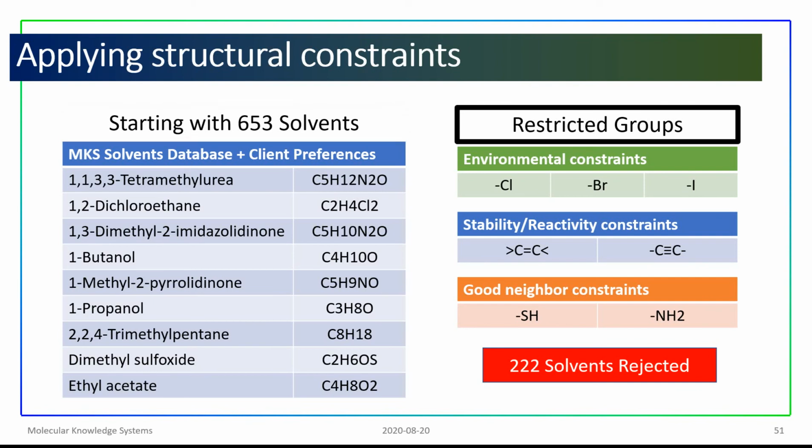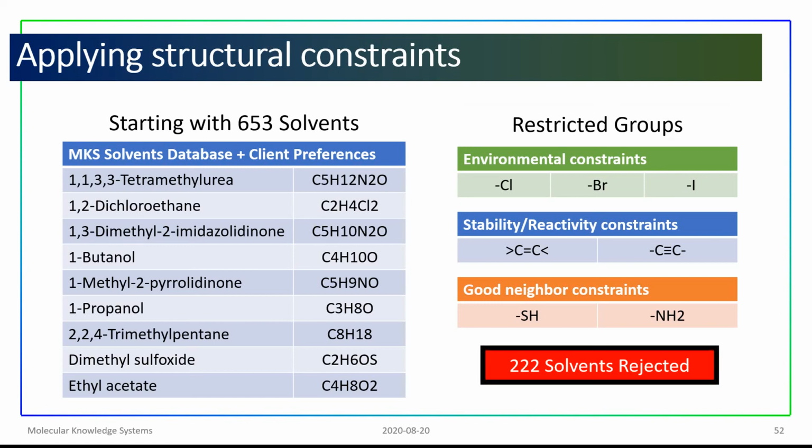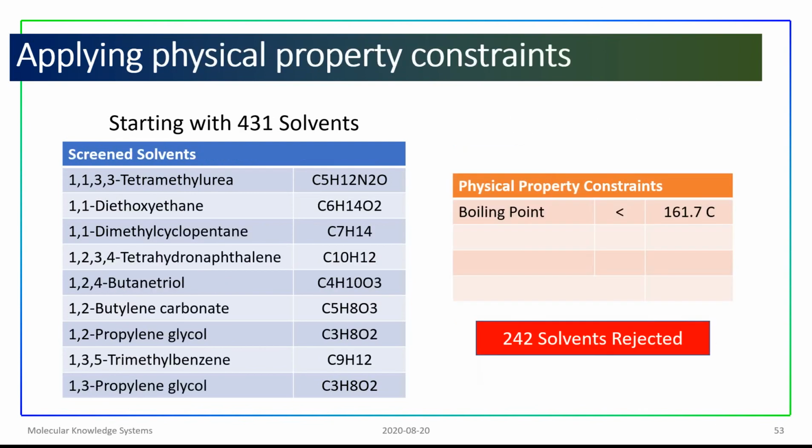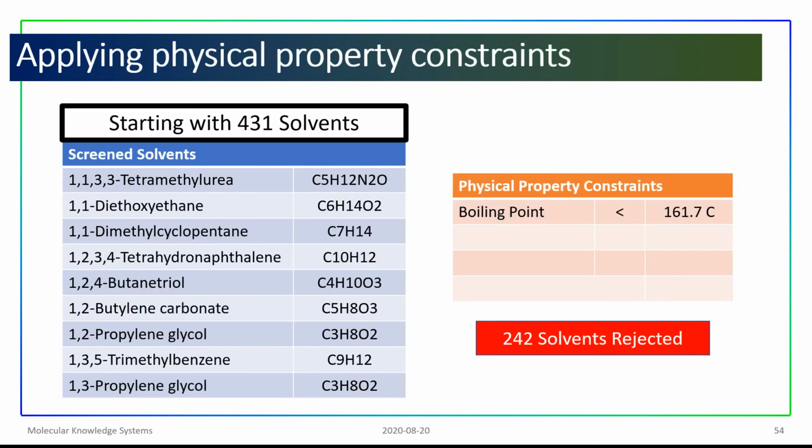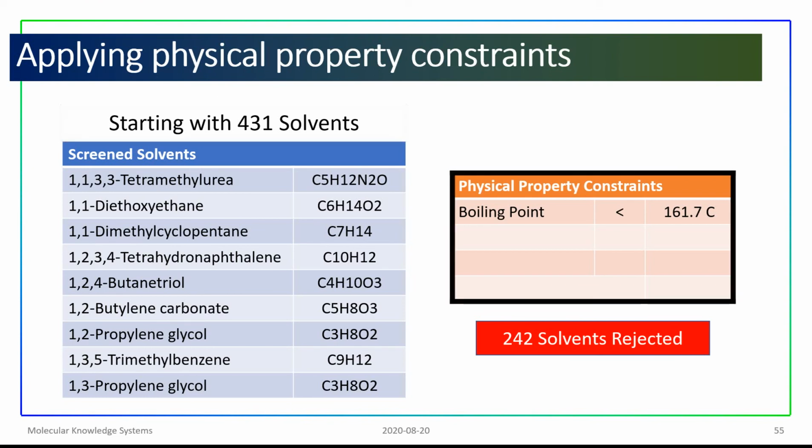Again, these are the groups we obtained from considering environmental constraints, reactivity constraints, and our good neighbor constraints. Applying these constraints removes 222 candidate solvents. So continuing our selection process, our database now contains 431 candidate solvents, and we now begin applying our physical property constraints.